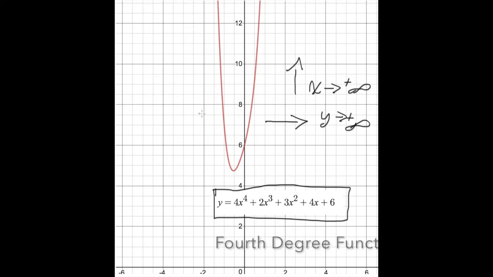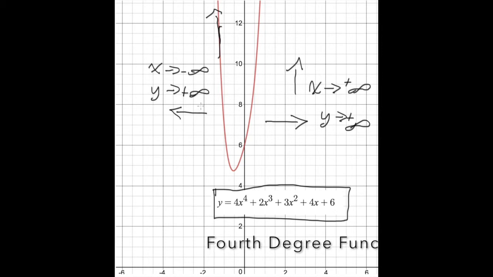Now, what happens as x gets increasingly negative? We write this as x goes to negative infinity, y goes to, what's the answer? On the left side of the graph, y just keeps going up and up as x keeps getting more and more negative. So as x goes to negative infinity, y goes to positive infinity.